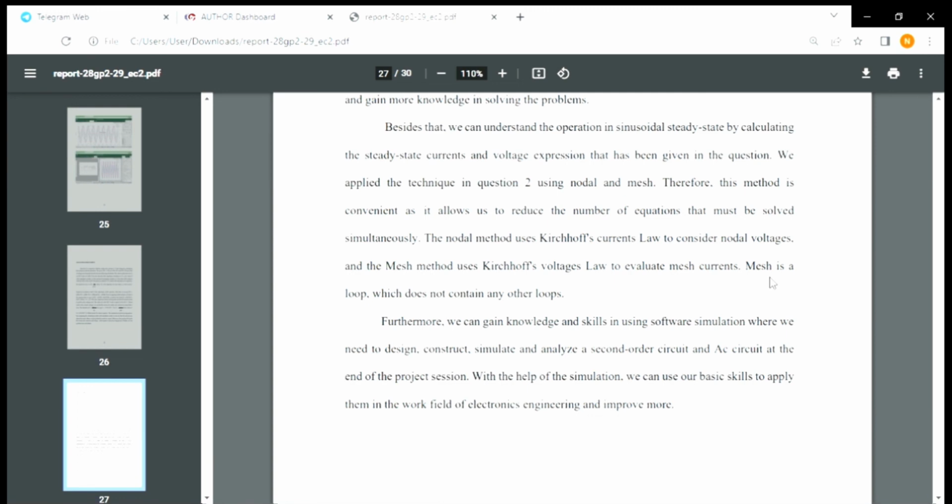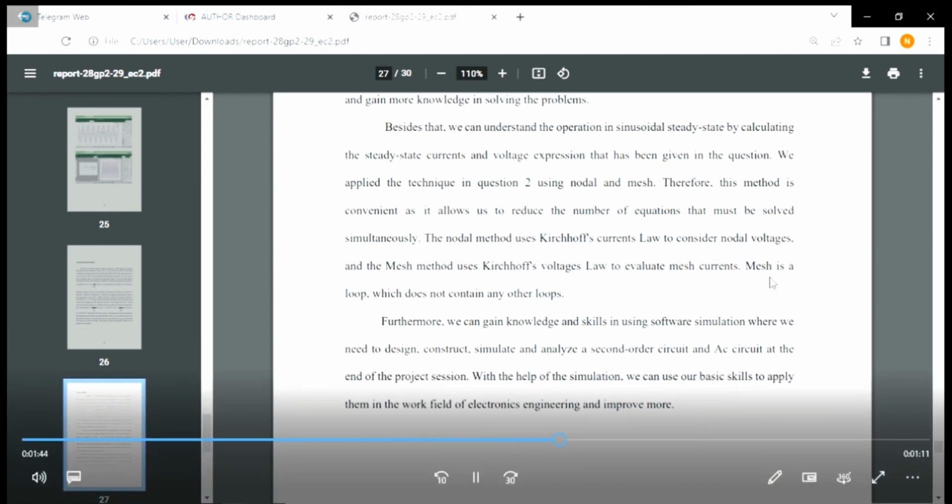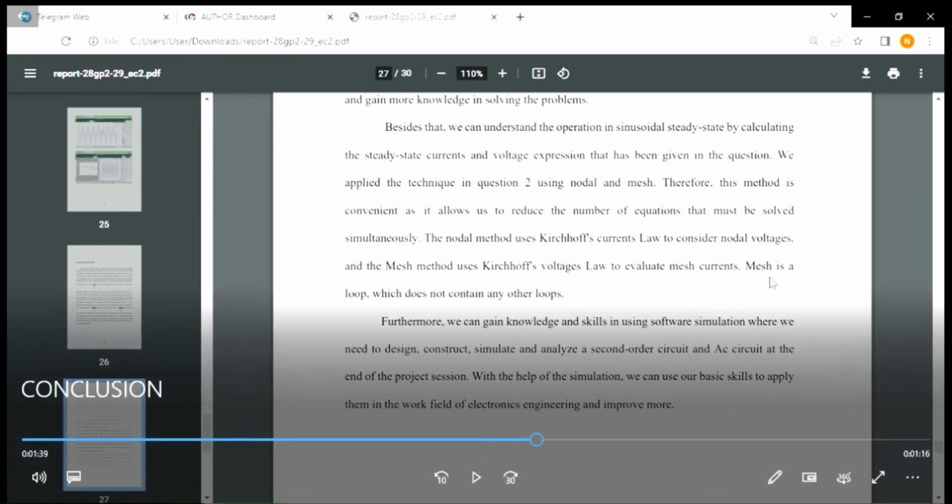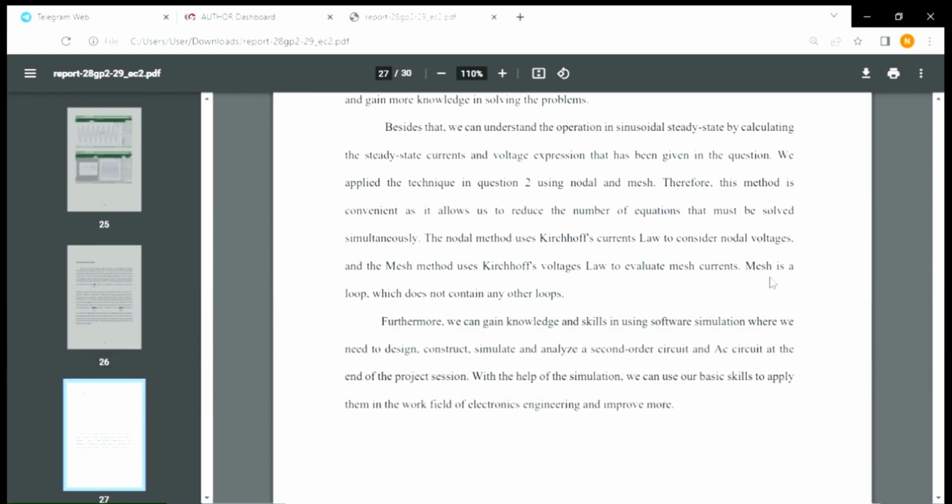The nodal method uses Kirchhoff's current law to calculate nodal voltage, and the mesh method uses KVL, which is Kirchhoff's voltage law, to evaluate mesh currents. So a mesh is a loop which does not contain any other loops.